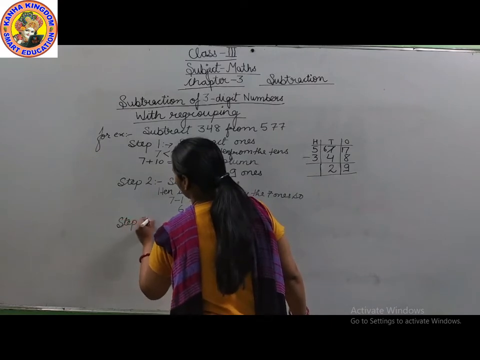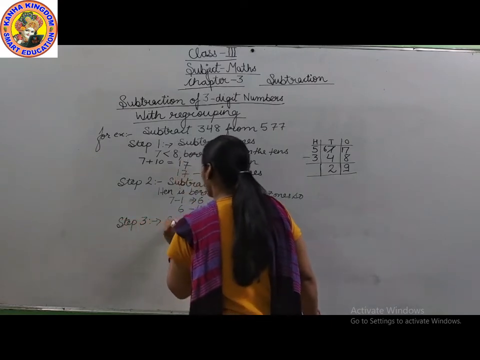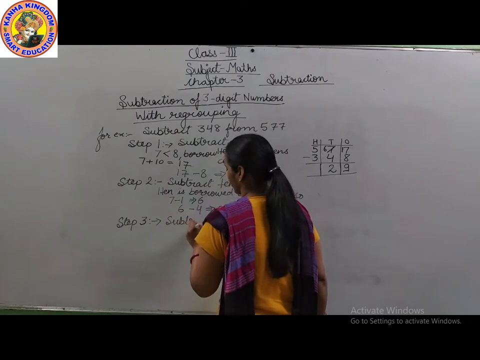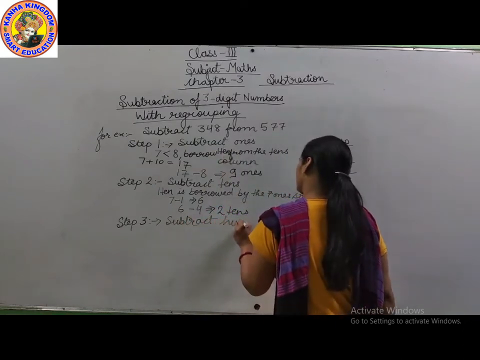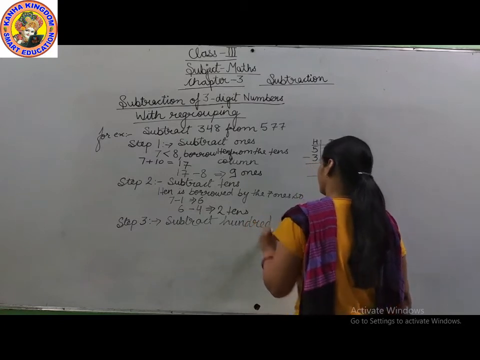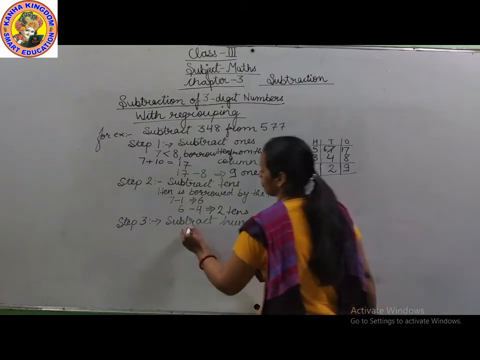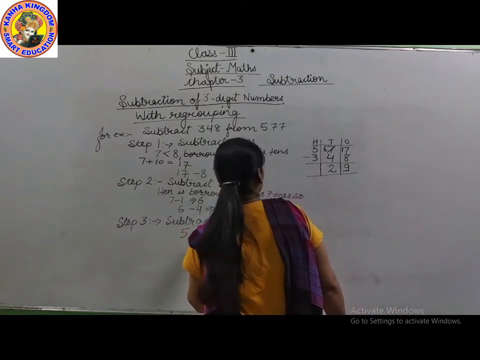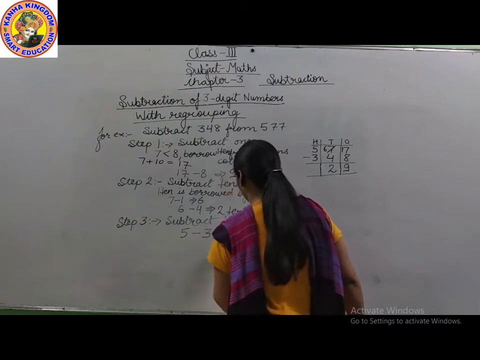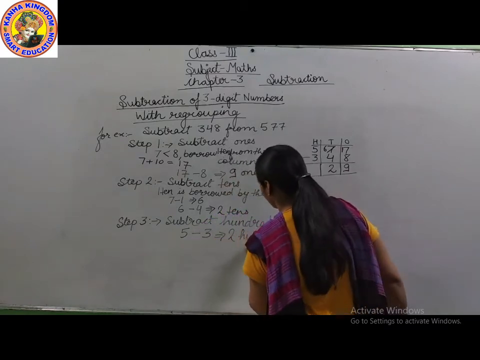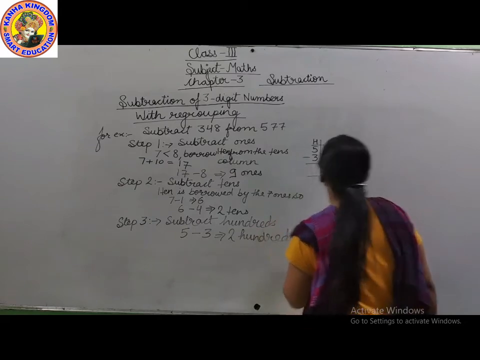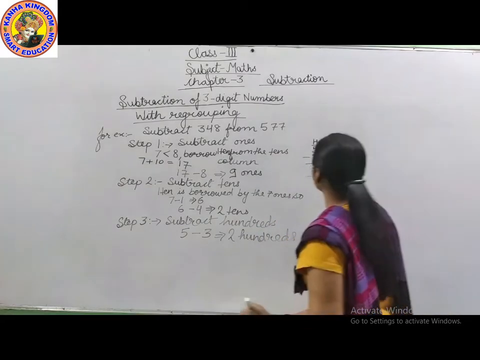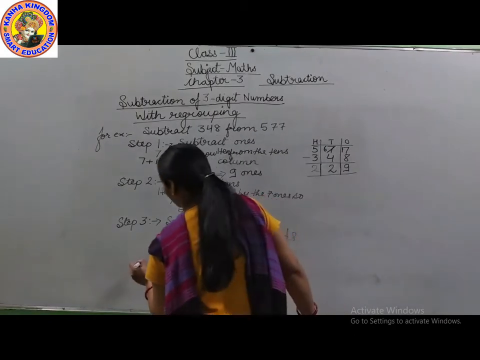Next step, subtract hundreds. 5 minus 3 equals 2 hundreds. 5 minus 3 equals 2.